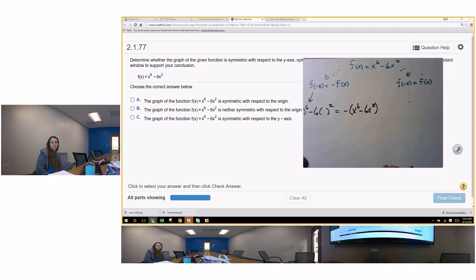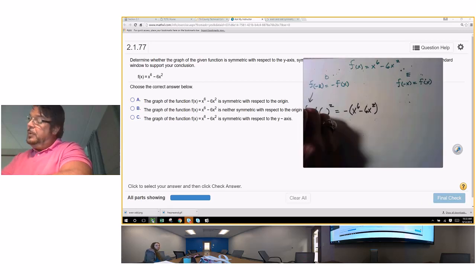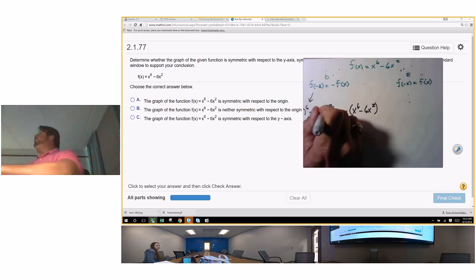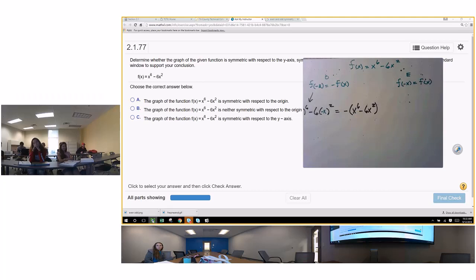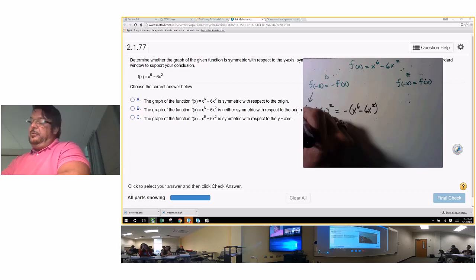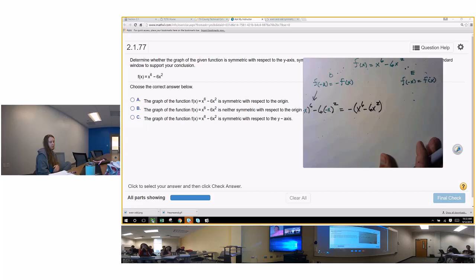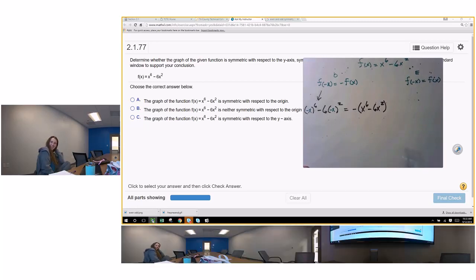And what am I going to plug into those parentheses? A negative what? Negative x. What is anything raised to an even power? Positive. So that's going to make it x squared to the 6th.